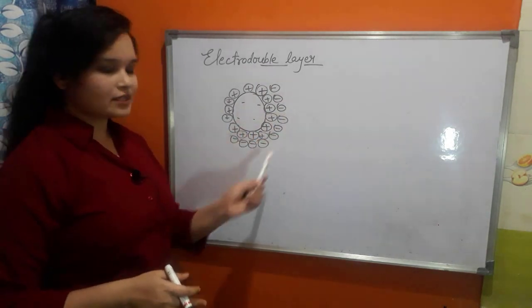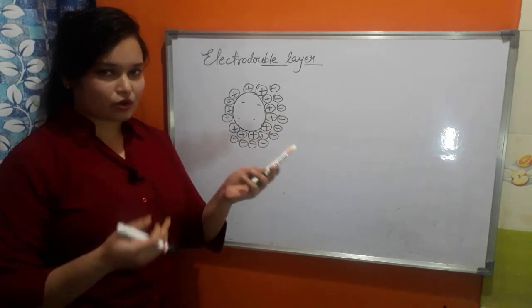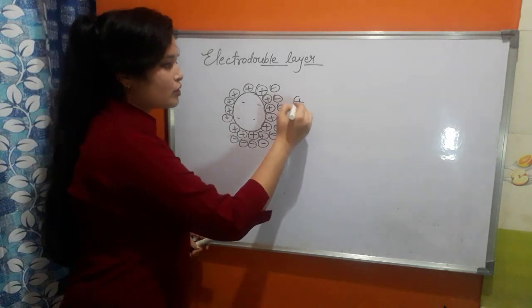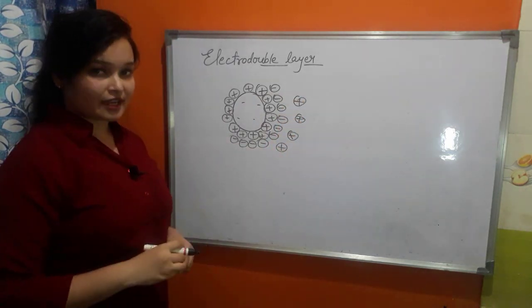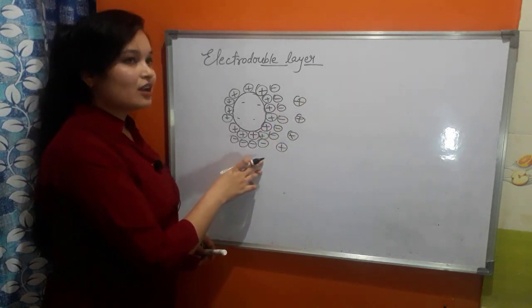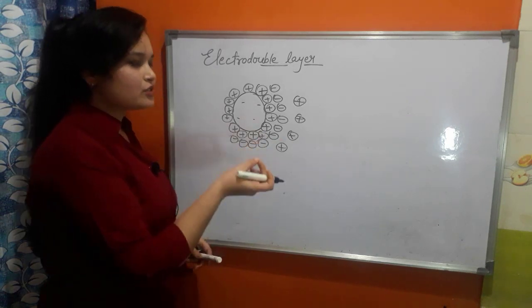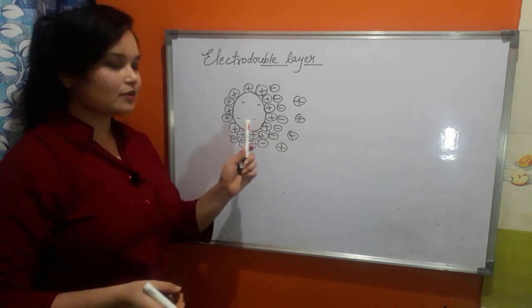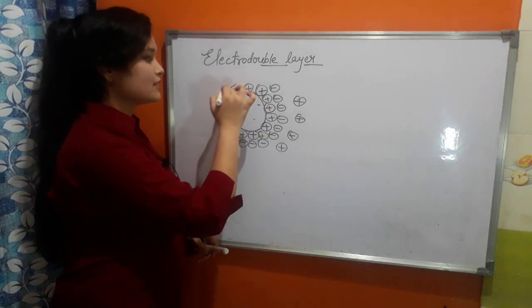Again, because here is negative, it will try to attract some more positive charge from the solvent. So some more positive charge will come. But this time, the positive charge which is being attracted will be a lot less. The extent of attraction of positive charge on the negative one will be a lot less than what it was initially in this layer.